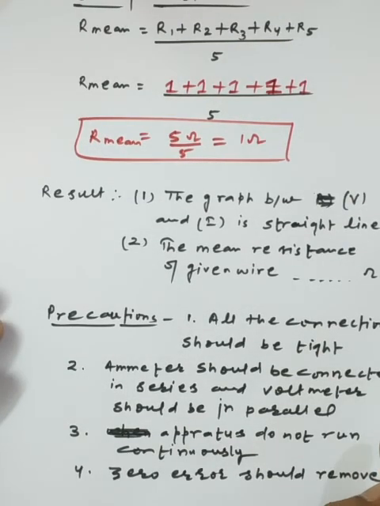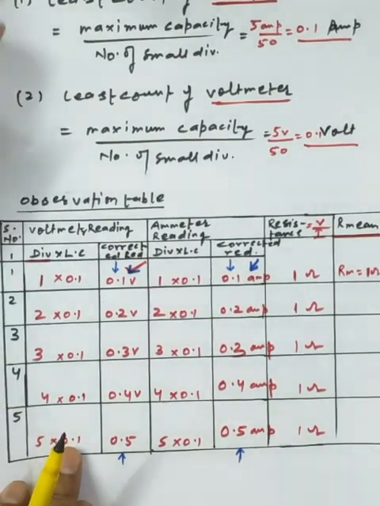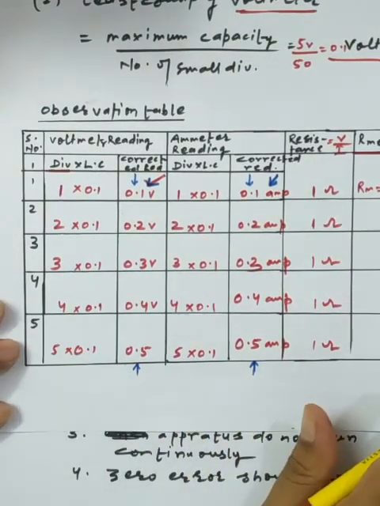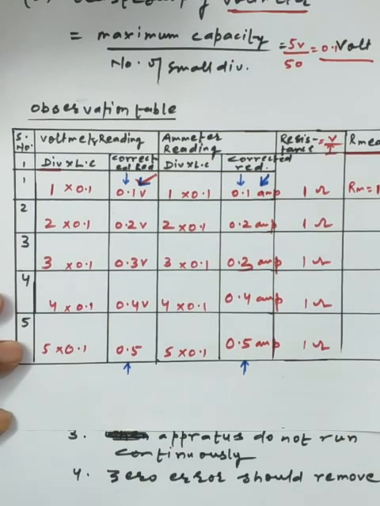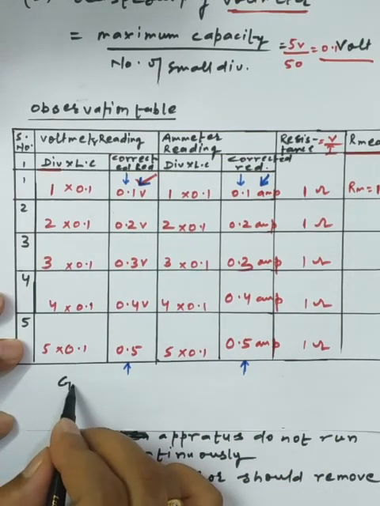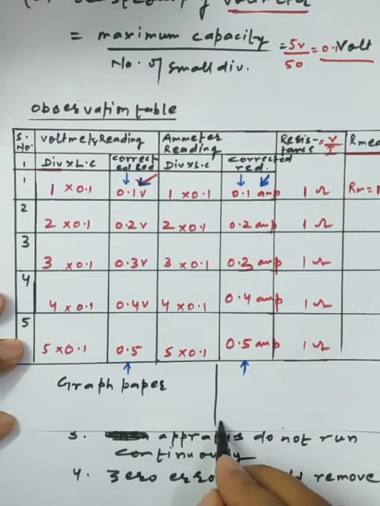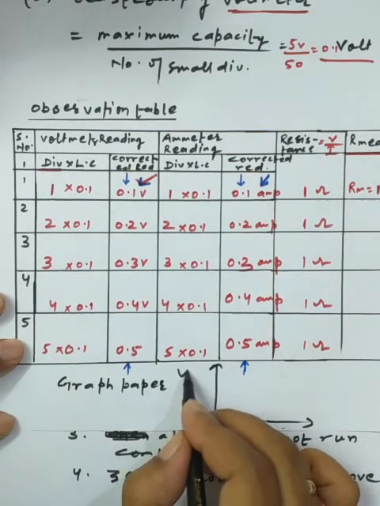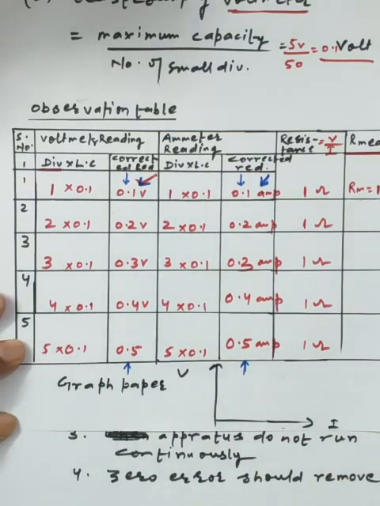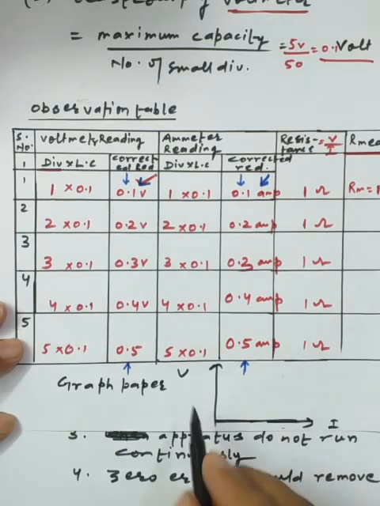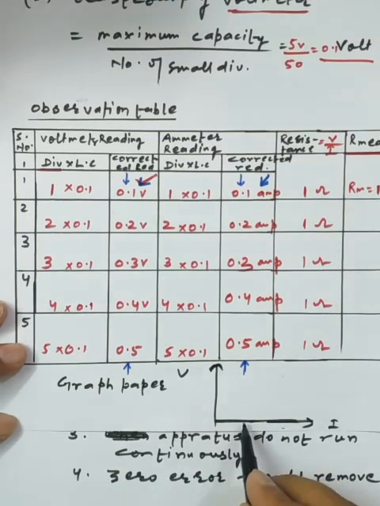Now there are two important results we conclude from this section. The first is the graph between V and I. As I am saying, you must use the graph paper to plot the graph of V and I, that is the corrected readings of V and of I. Whenever you get a standard graph paper, you must assume the scale: on the x-axis I am taking I, and on the y-axis I am taking V, and one bigger block is 0.1 ampere.